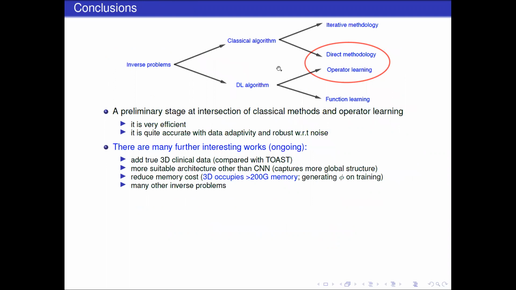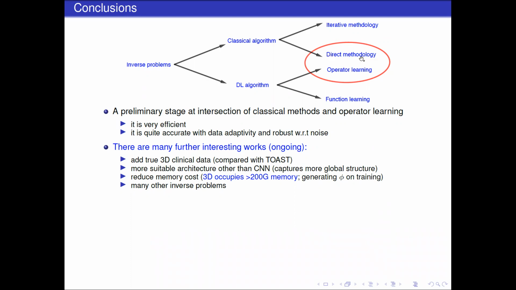But at the next slide, I would like to summarize our story. Jiaya and I are both new to inverse problems. We were working on traditional optimization algorithms previously. Nowadays, we try to adapt some techniques of deep learning, and we think something could be very interesting if we combine them together. For inverse problems, we have the classical algorithms that consist of the iterative methodology and the direct methodology.